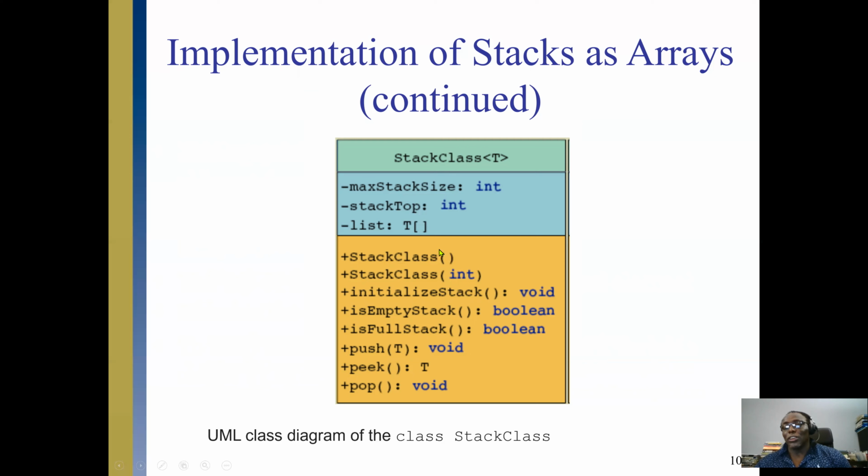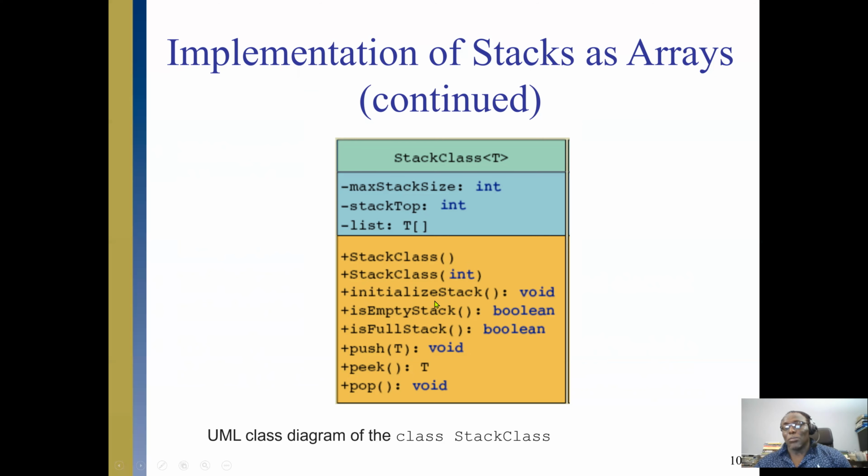If you don't have anything, then it will initialize everything to 0. Now we have a second stack constructor with one argument. This makes it possible for us to create a stack object that doesn't have to be empty. We can specify how many elements are in the stack.